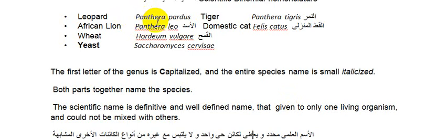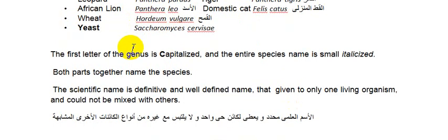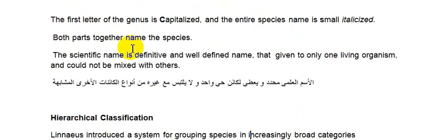For example, the leopard Panthera pardus, the tiger Panthera tigris, the African lion Panthera leo, the domestic cat Felis catus, the barley Hordeum vulgare, and yeast Saccharomyces cerevisiae. So the scientific name is a definitive and well-defined name given to only one living organism and cannot be mixed up or confused with another.